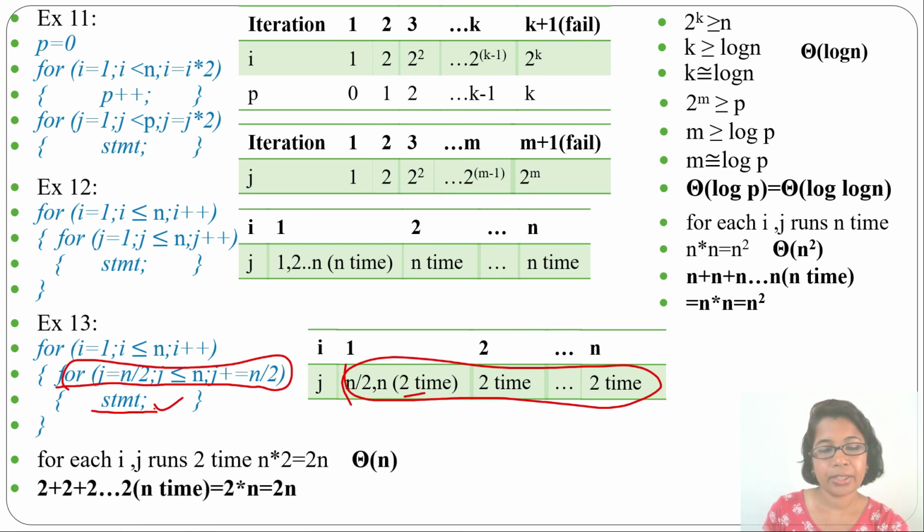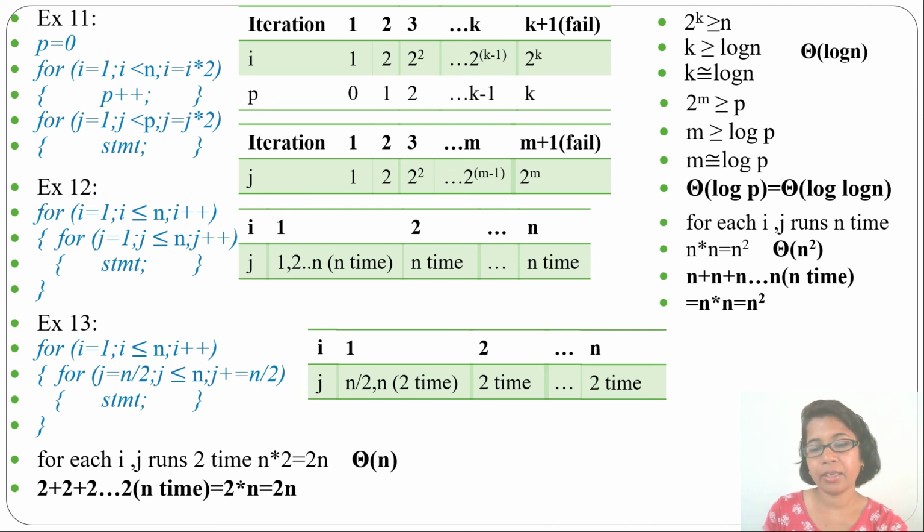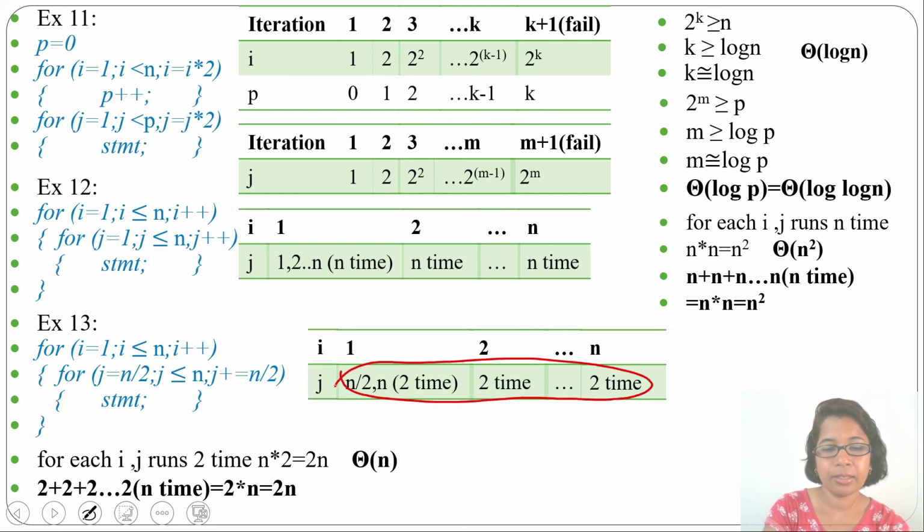That we can write as 2 multiplication n or 2n. 2n running time will be theta of n. For each i, j runs 2 times, i runs n times, n multiplication 2, or simply you can add how many times j runs, and you will find the running time. Here also you can find how many times j runs, and you can find the running time.